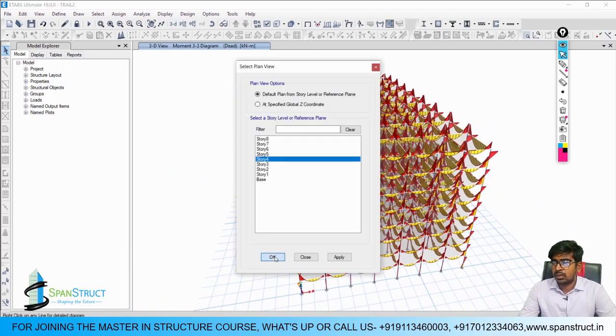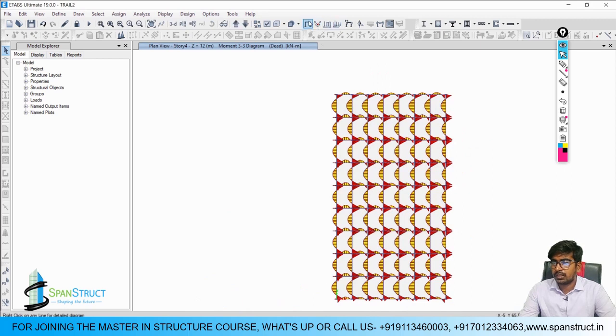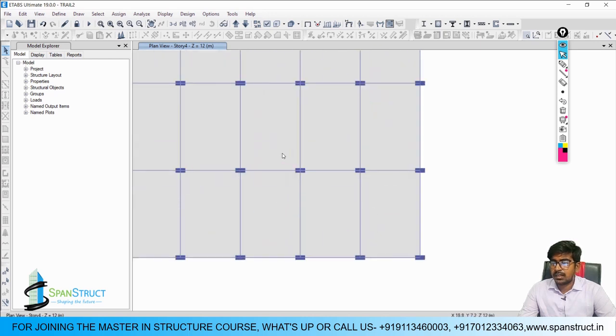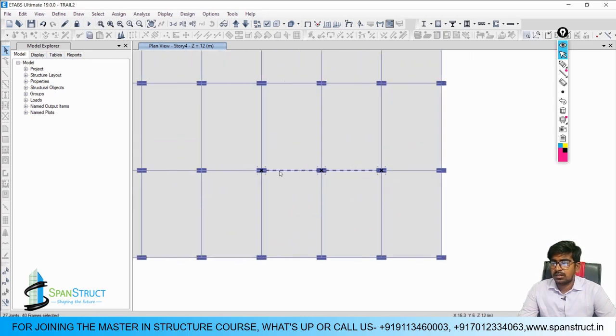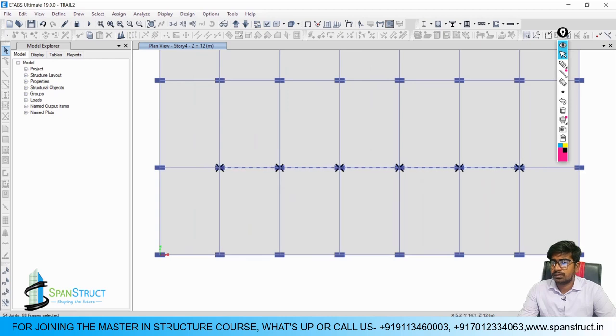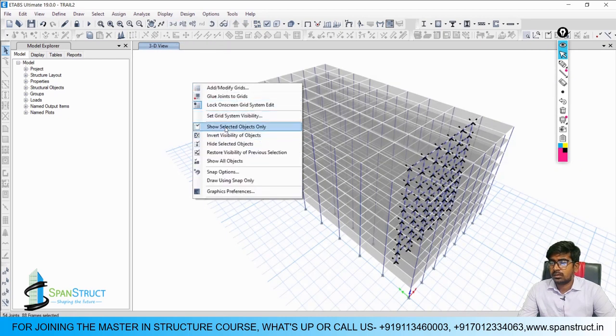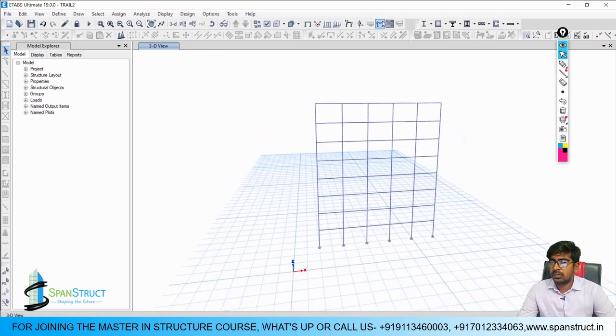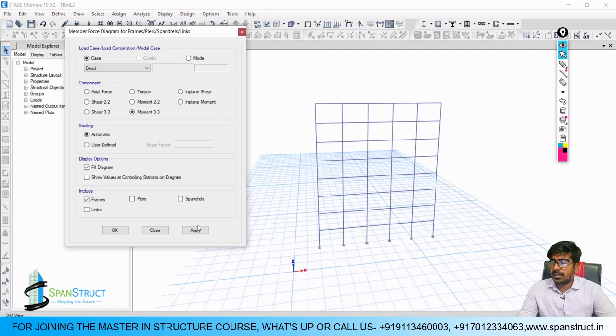I will again go to the plan, undeform it, and select all the columns here in this row. After this, I would like to show the bending here.